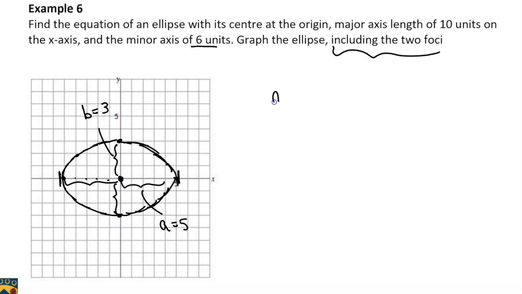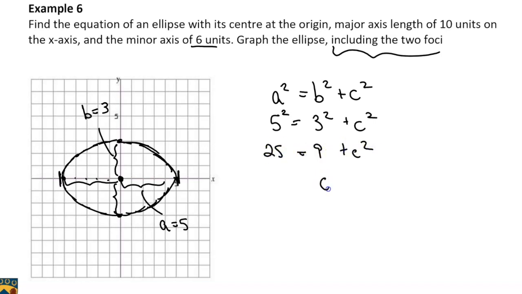And so we're saying, well, if a squared is equal to b squared plus c squared by definition, we could say 5 squared is going to be equal to 3 squared plus c squared, and you'll probably recognize that this is one of our Pythagorean triplets. And so you could say 25 is equal to 9 plus c squared, so c squared is 16, which means that c is going to be equal to plus or minus 4 after you take its square root.